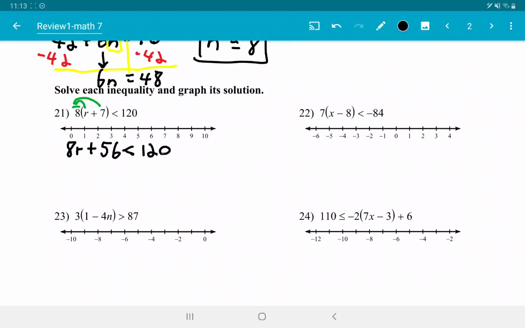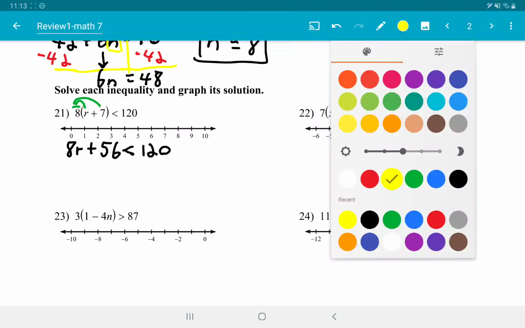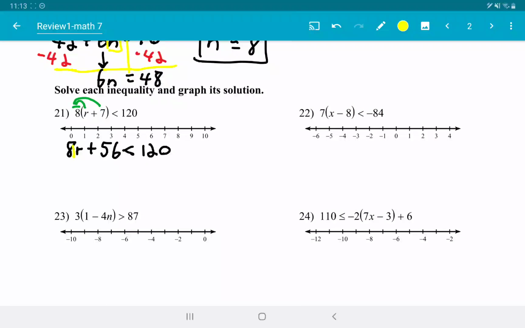Like I said, overall the same steps, so I'm going to isolate my variable, build my wall, and same thing. First thing I want to do is move over that 56. Majority of the time, you're going to either add or subtract first before you multiply and divide.